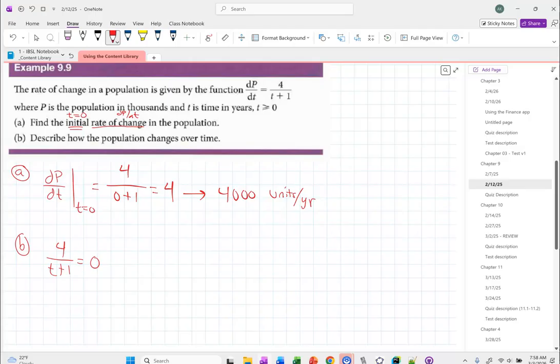So how do I solve 4 over t plus 1 equals 0? It's an Algebra 2 level question. How do I solve that equation?